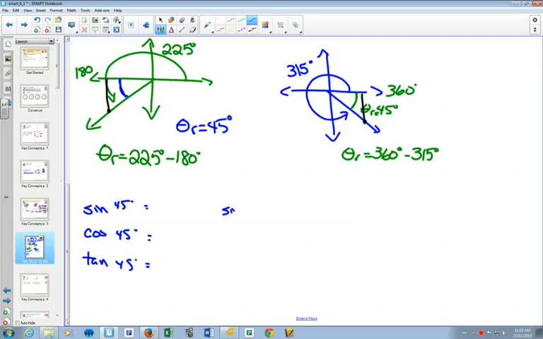Then do sine, cos, and tan of 135 degrees. We'll go to 3 decimal places where necessary. Sine, cos, and tan of 225 degrees.